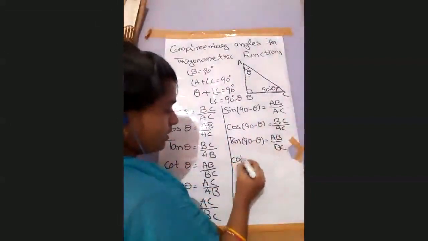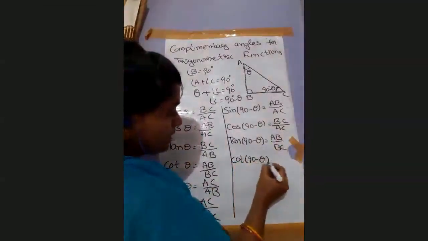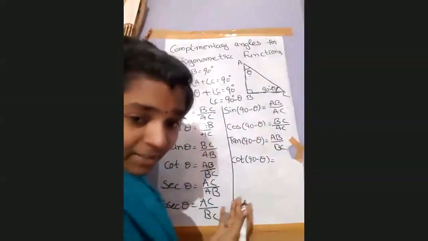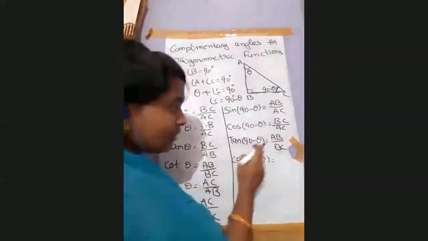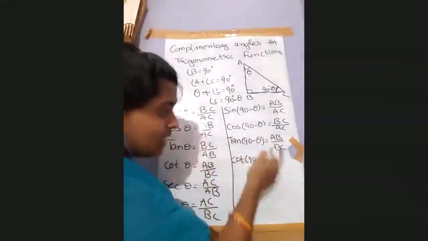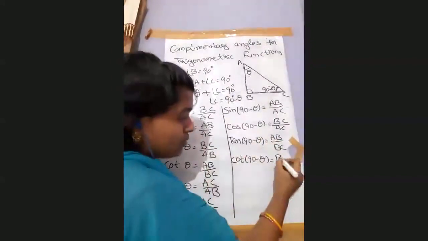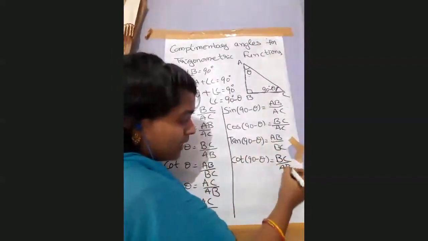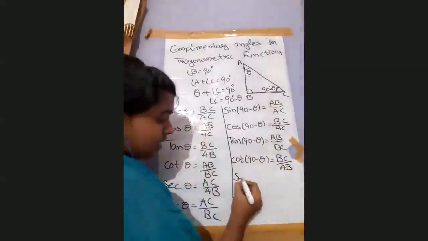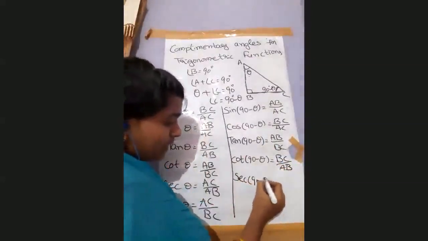Then cot of 90 minus theta. How can you get cot? It is the multiplicative inverse of tan. Multiplicative inverse means interchange numerator and denominator. So BC divided by AB. And secant of 90 minus theta.